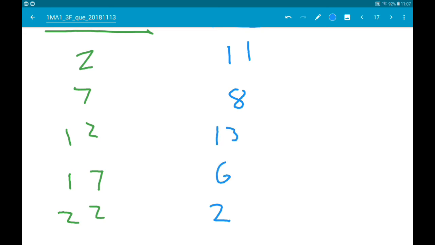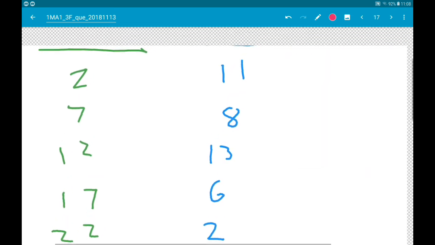Okay, the next thing we do is we try to get an estimate for the total number of books bought. So to do that, we do the midpoints times the frequencies.